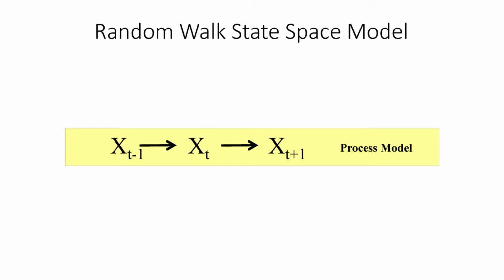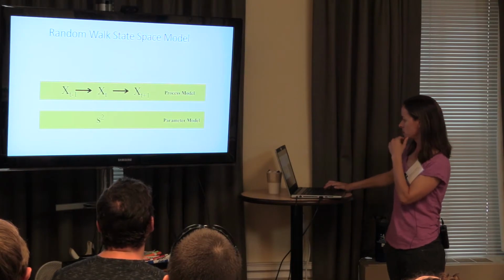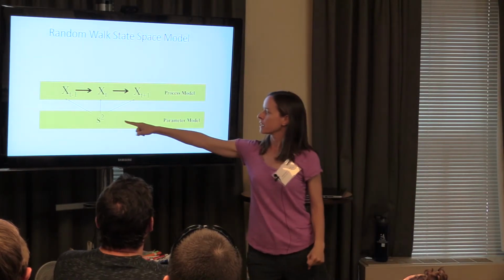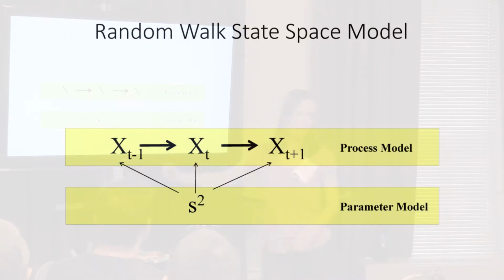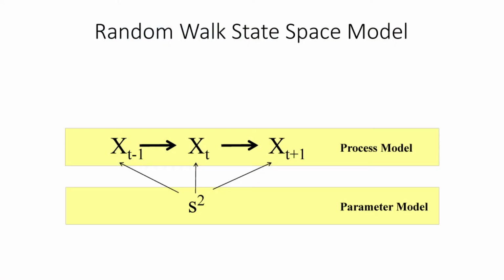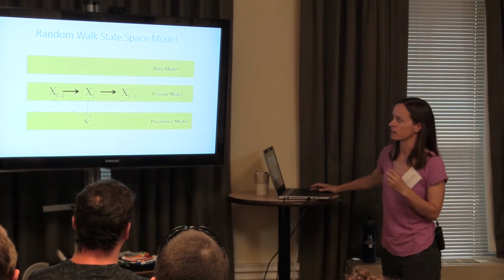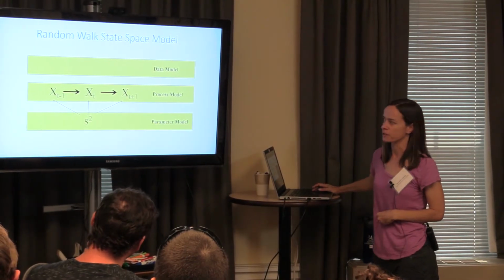Okay? There's no more explanatory variables in this process. It's just knowing it tells you what it will be. We have a parameter model, and you have some error that you specify and fit on that process, right? So each time you know where you are, there's a little error that's added, and that's how you get to the next time. And there's no real structure to that error other than what you specify.